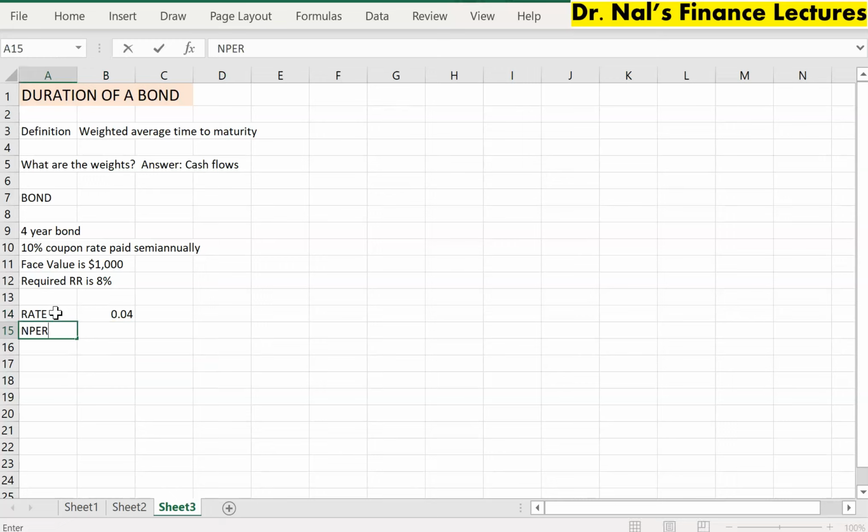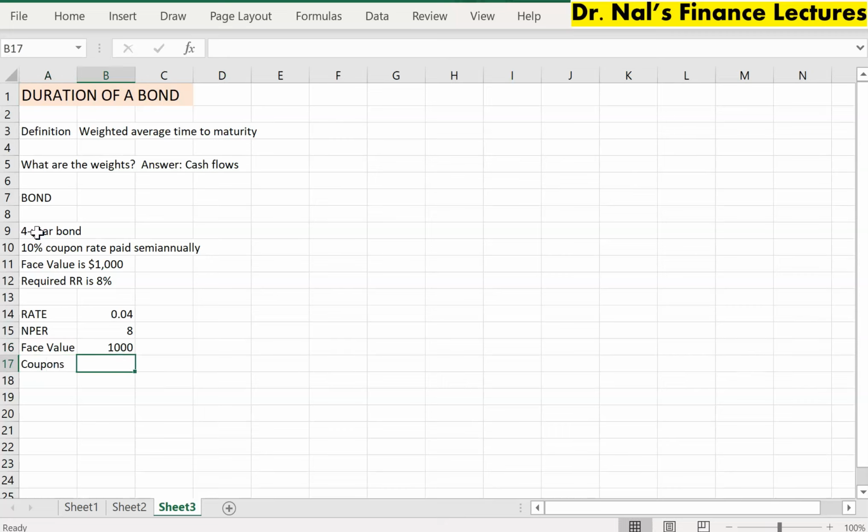The number of periods: how many 6 months are there in 4 years? Because it's a 4-year bond, in total there will be 4 times 2, which is 8 six-month periods. So the next one will be the face value. Face value is not going to change. It will be $1,000.